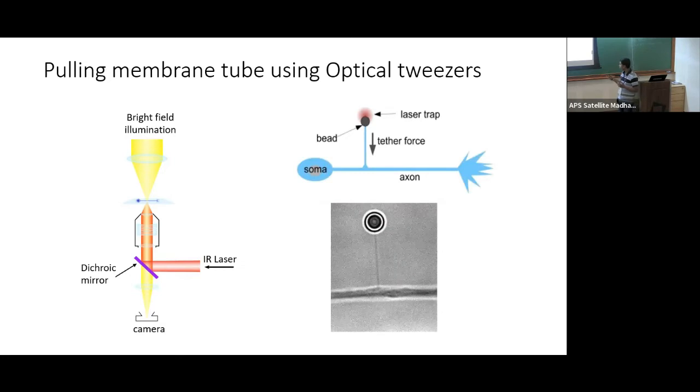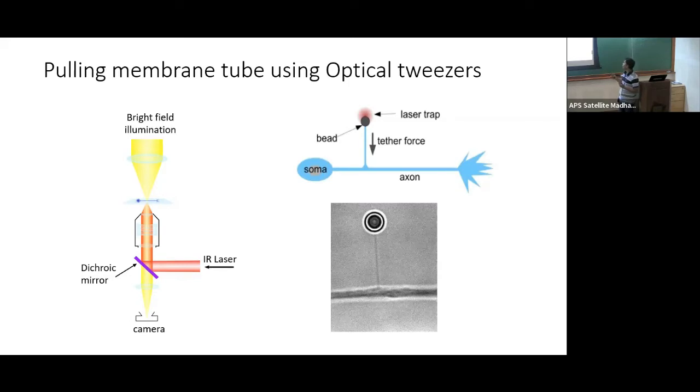The reason we are doing it like that is, when we want to study the force on the growth cone, it's very difficult to catch a membrane tube forming in a random direction, and the growth cone being a very dynamic structure, it's very difficult to do any good statistical analysis.